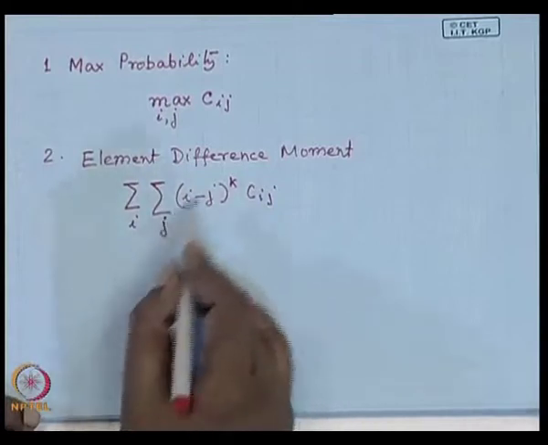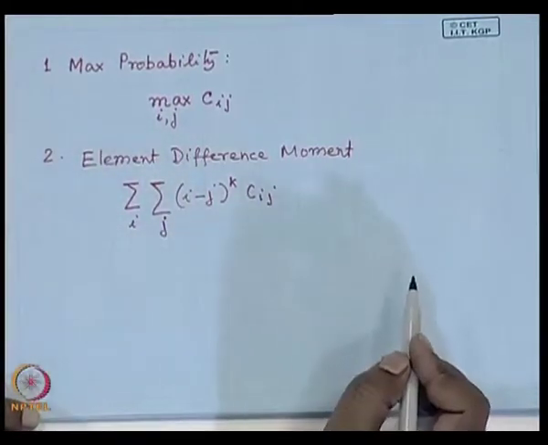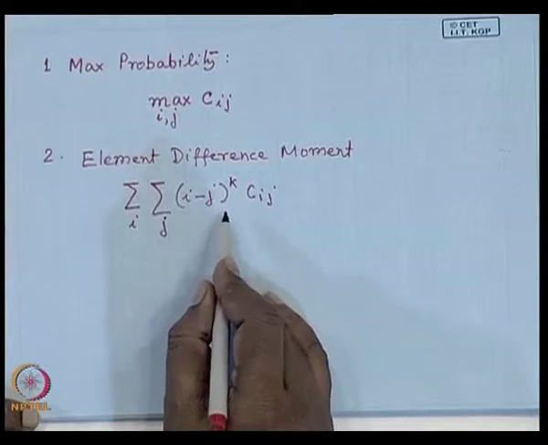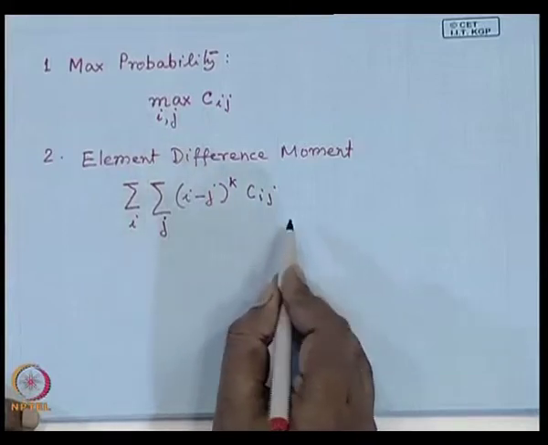Okay. So, what does this feature tell you? You are taking I minus j to the power k into C I j.